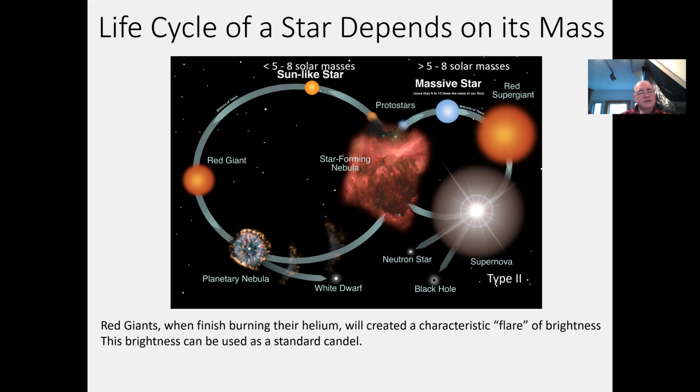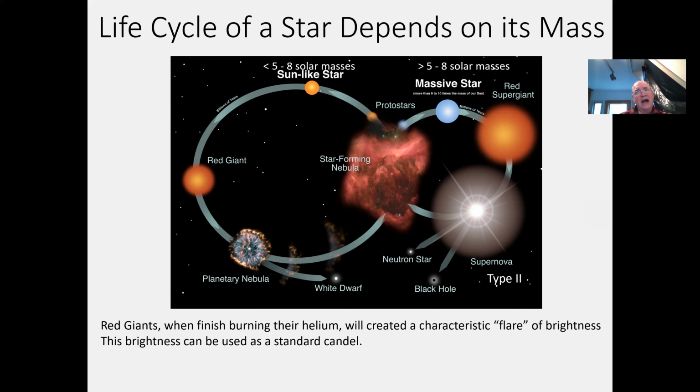Stars of this mass will finally go through a red giant phase. They will blow up, they'll become cooler, but they'll become much, much larger, and therefore brighter, because they're so large, even though they're not as hot. That's why they're red. Right? They're only red hot, they're not white hot. Literally the case.